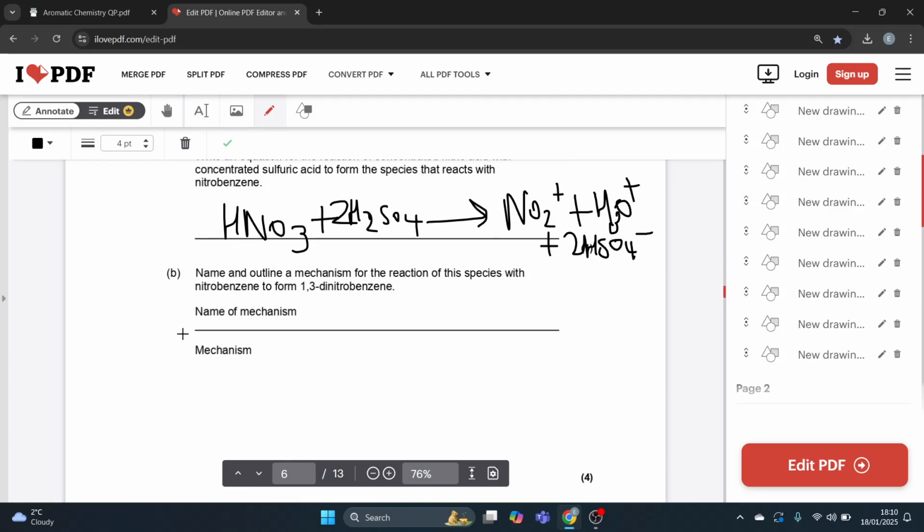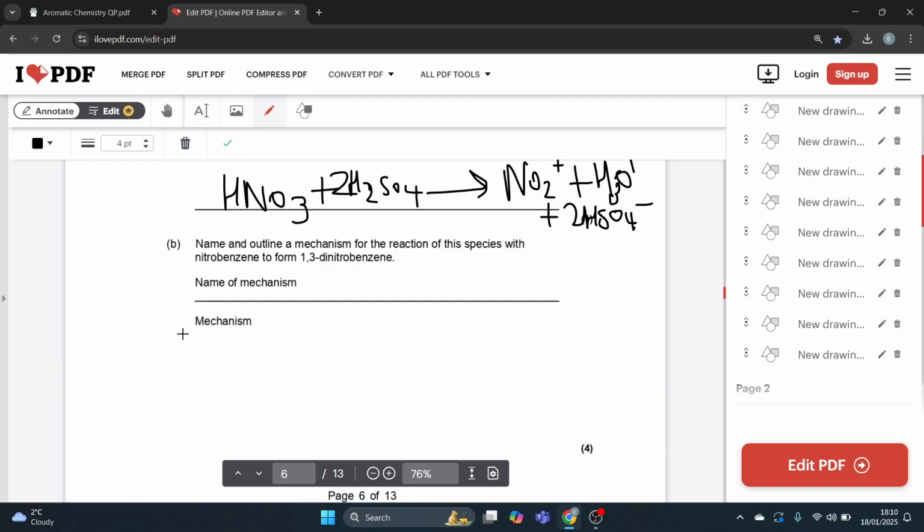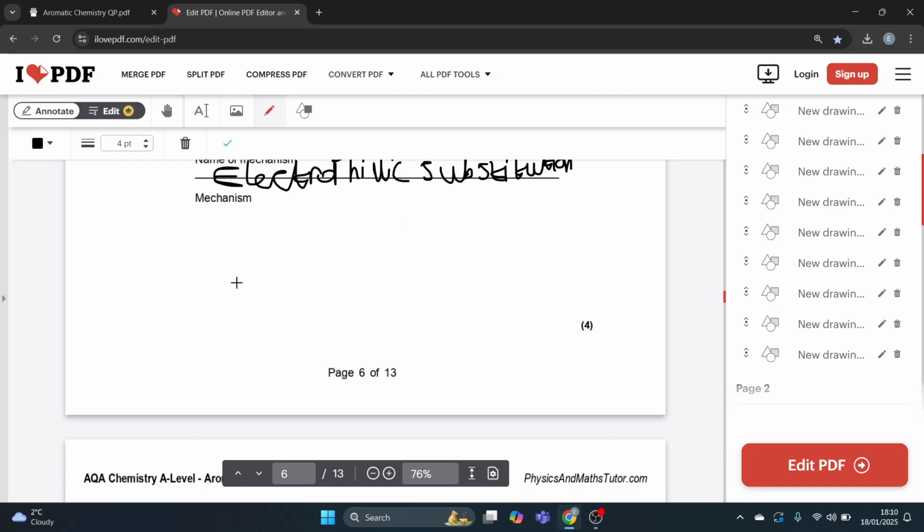And name and outline the mechanism for reaction of the species with nitrobenzene to form 1,3-dinitrobenzene. It's going to be electrophilic substitution mechanism.